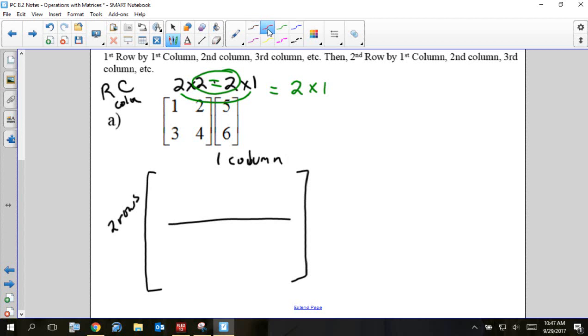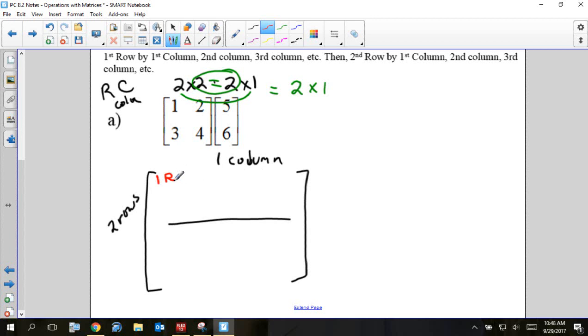When I look at my 2 by 1 answer matrix, and I'm talking about the top place, which row is that? This spot right up here is which row? First row? Is that what you're thinking? So first row, and then which column is it?